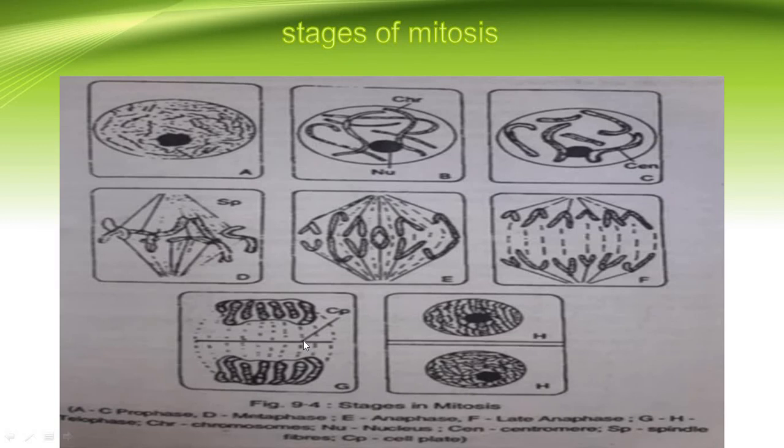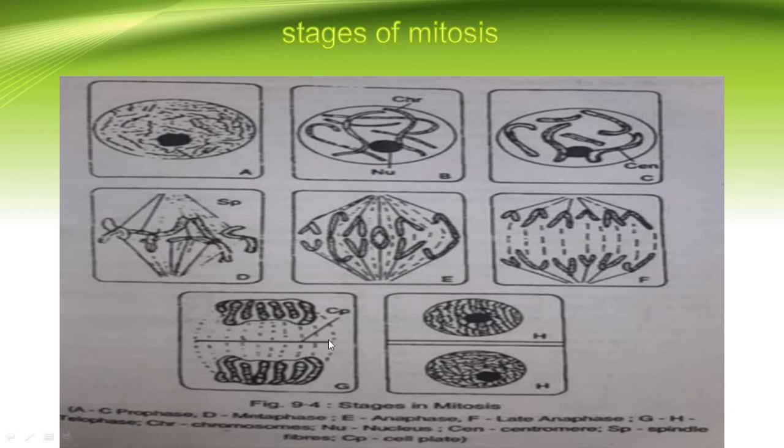This is the telophase. Telo means end. The telophase is the last phase of the mitosis. In the telophase, the new nuclear membrane will be surrounding the daughter cells, and the spindle fiber will finally disappear.